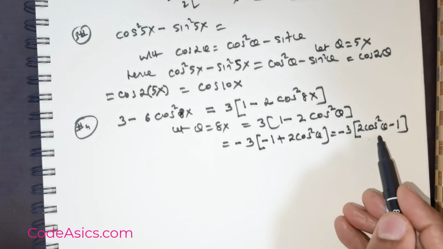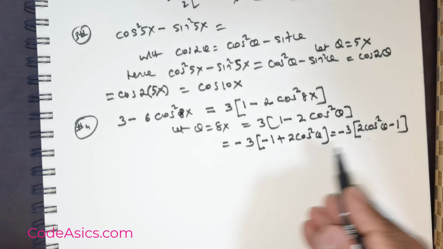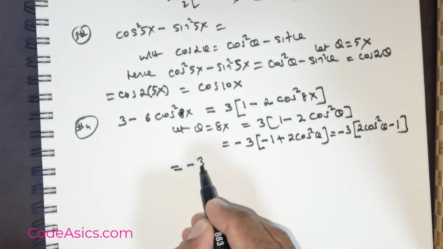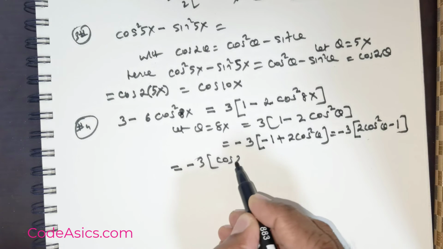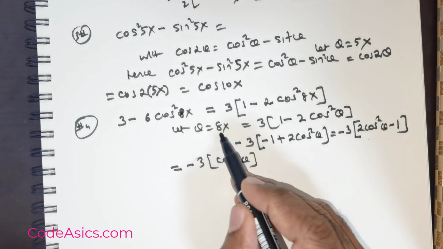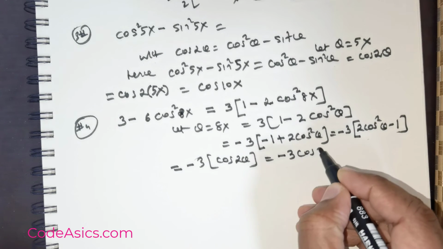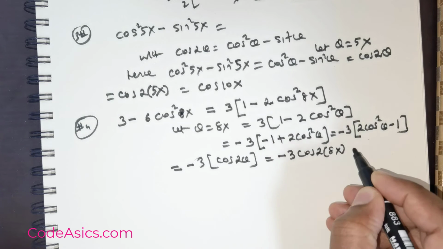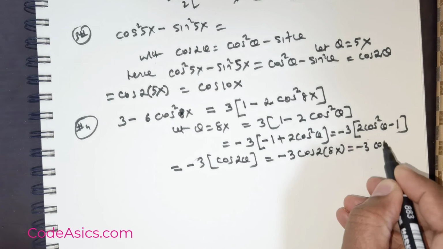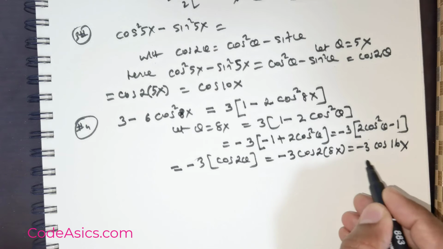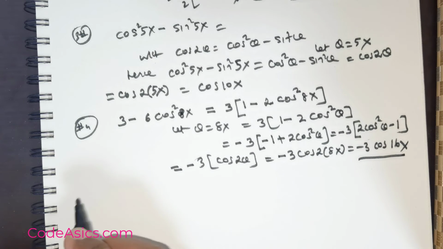But this is nothing but cos 2 theta, so this is equal to negative 3 times cos 2 theta. But theta is equal to 8x, so it's going to be negative 3 times cos of 2 times 8x, which can be rewritten as negative 3 times cos 16x. So that is going to be the solution for this question.